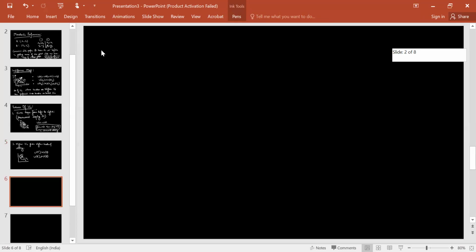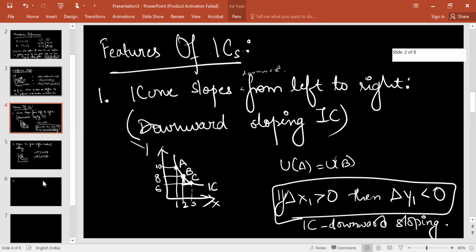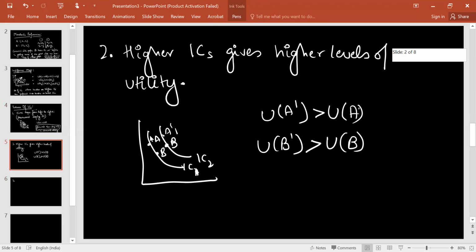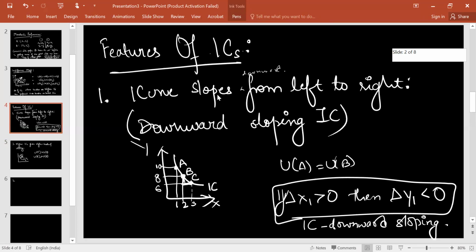Now, what is the next feature of indifference curves? We have discussed indifference curves sloping from left to right.